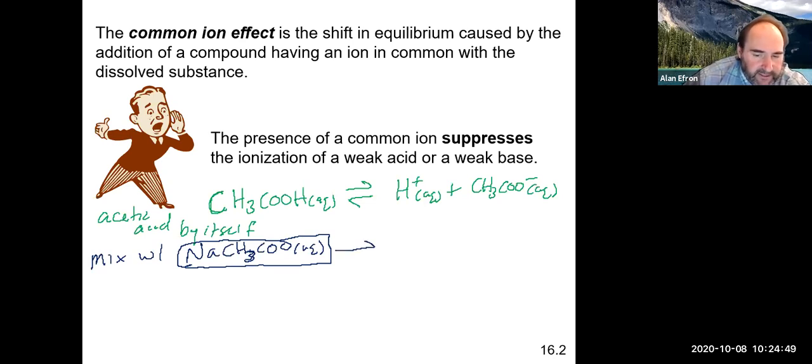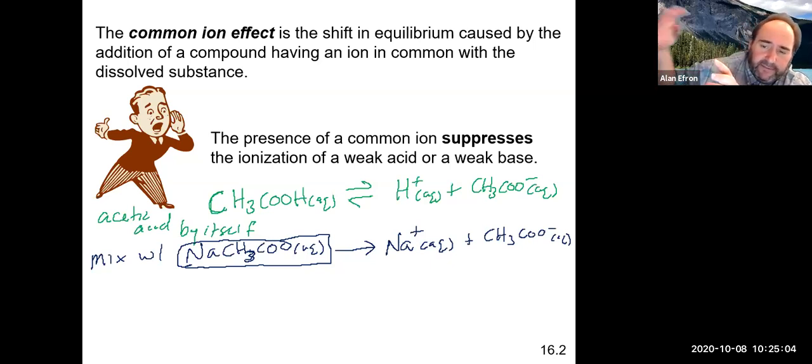It's going to 100% break apart into sodium ions and acetate ions. So if you take your acetic acid and dump some sodium acetate in with it, you now have a big source of sodium ions and a big source of acetate ions.